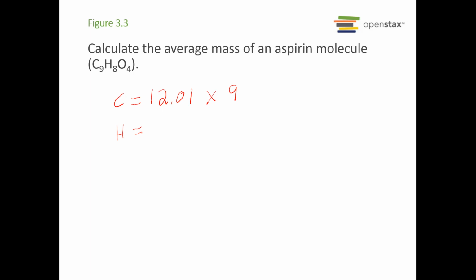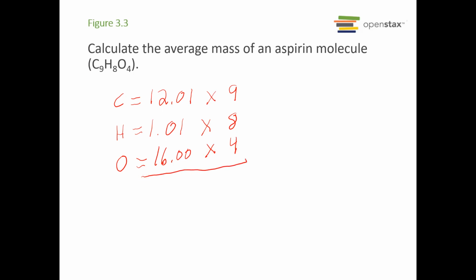Hydrogen has an average atomic mass of 1.008, but for most cases I tell you just to round off to 2 decimal places. That's usually sufficient for our purposes. So we're going to say 1.01 AMU, and there are 8 hydrogens. For oxygen, the periodic table gives an average atomic mass of 16 AMU, and there are 4 of them.